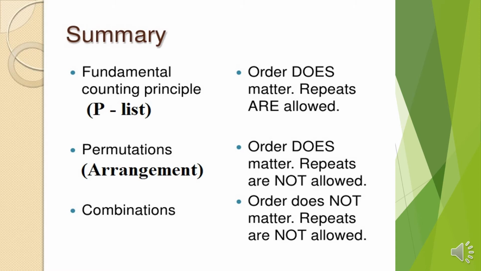That's what we call a p-list. We are doing a revision of counting from the first lesson. Permutation, which is arrangement: order does matter, so here with order and here also with order. These we called successive: successive with order and with repetition, with replacement. Here we have successive without replacement, repetition not allowed. That's what we call arrangement. Combinations: what do we mean by combinations? The order doesn't matter, any order, and repeats are also not allowed. We are just making a summary to see the problem coming next.